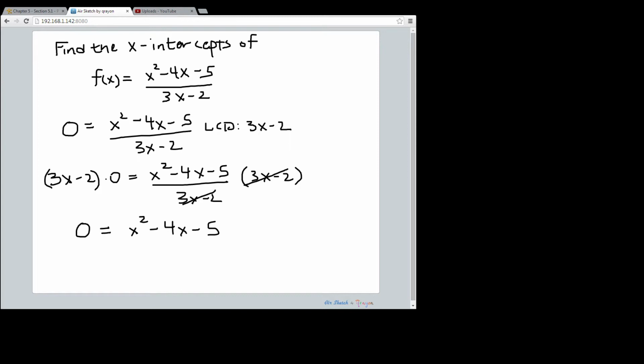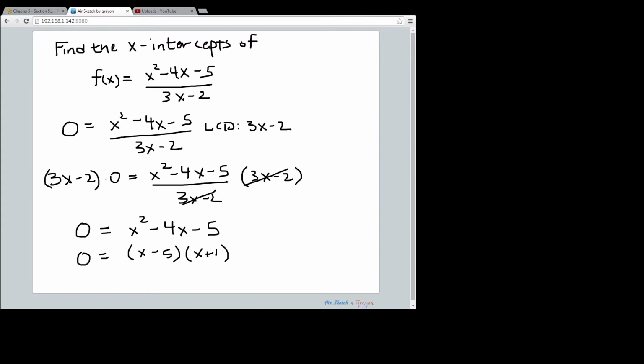Okay, so like I said, this is a quadratic equation and it can be factored. So this thing factors to x minus 5 times x plus 1. And then I've got these two factors and they multiply together to give me 0. So that means either x minus 5 has to be 0 or x plus 1 has to be 0.